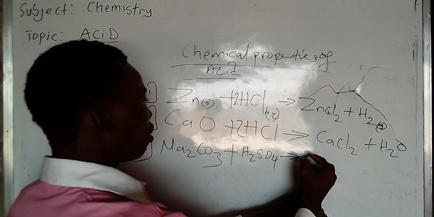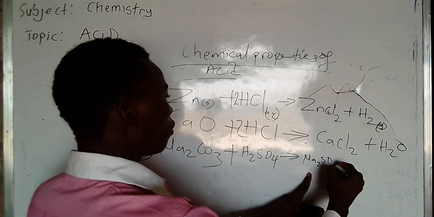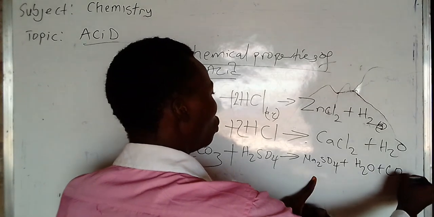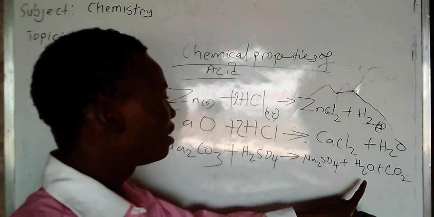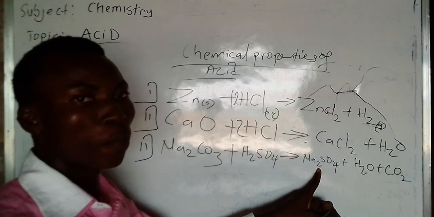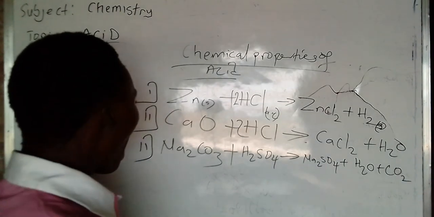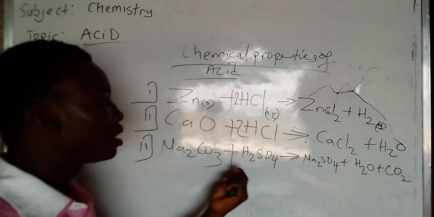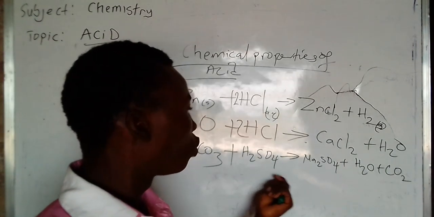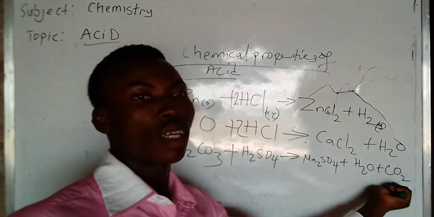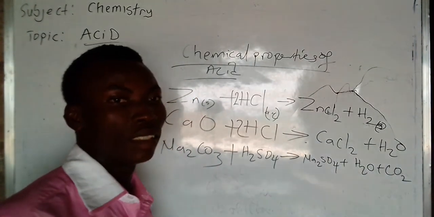We are going to have production of Na2SO4 plus H2O plus CO2. This is gas, this is liquid, this is a salt, also in aqueous form. So, acid reacts together with trioxocarbonate and sulfuric acid to produce salt, water, and carbon dioxide.